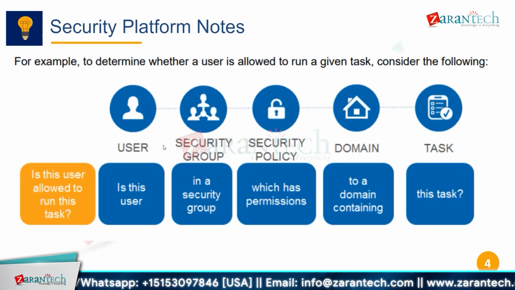The combination of these would simplify your quest to see whether a user can access a particular task or an action that one needs to take, and how you would go around it.